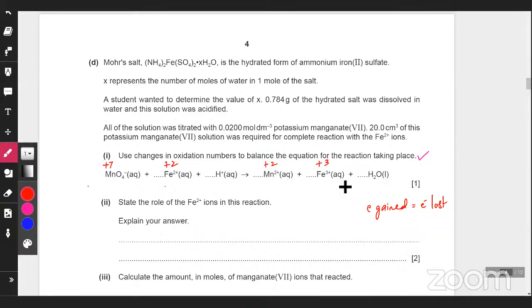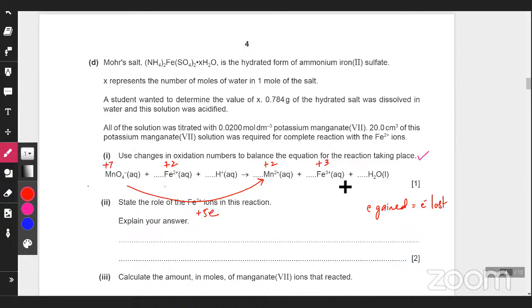So what happens now? The number of electrons lost and gained must be equal. Mn is changing oxidation state. Sorry, I should be pointing to Mn. Mn is getting reduced from +7 to +2. That means a total of 5 electrons have been gained.